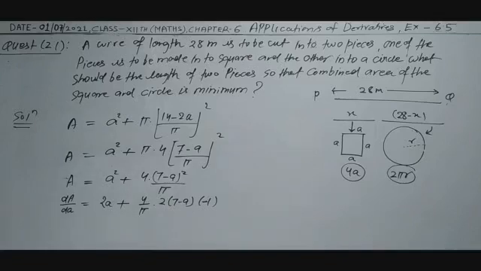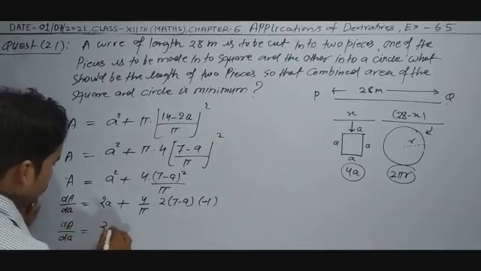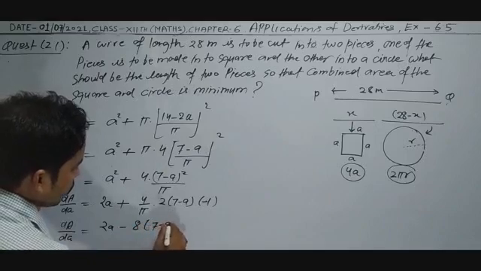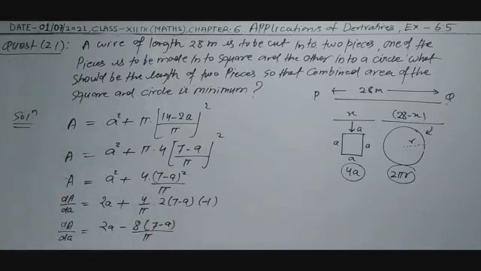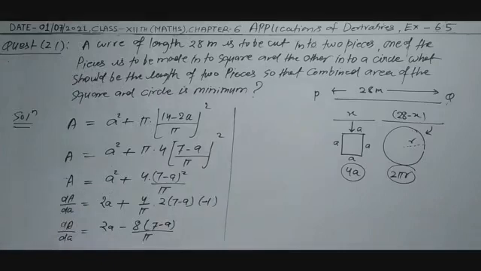So now you can write dA upon da is 2a minus 8 times 7 minus a whole upon pi. This is the value of dA upon da, and you have to equate it to 0.